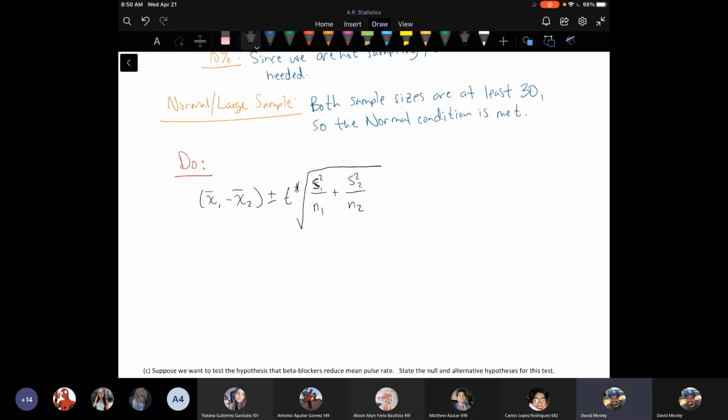Okay. Now we're doing a 99% confidence interval. All right, which we then need to look up on table B using degrees of freedom equaling 29, right?